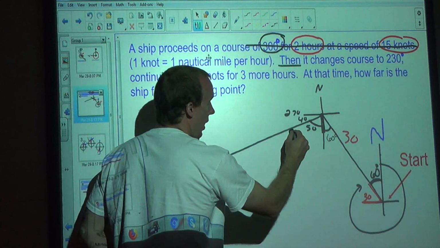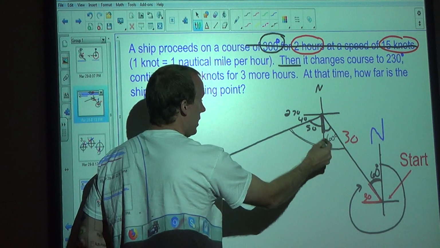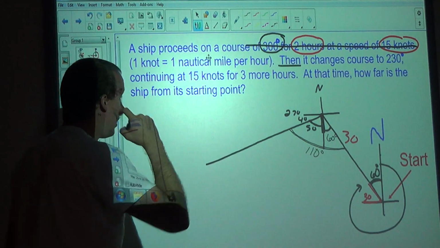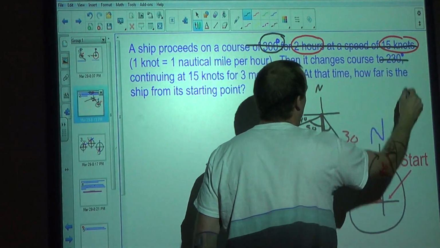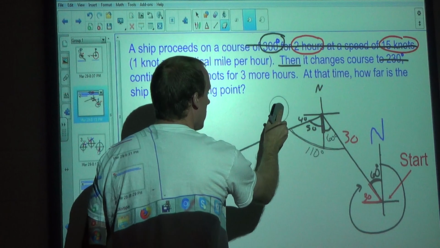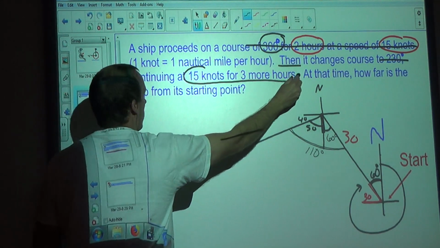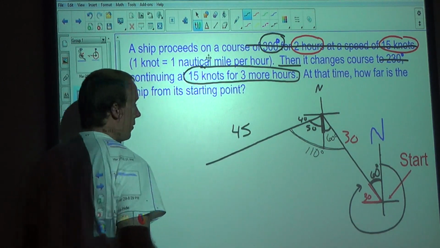Now I know that this whole angle would add up to 110 degrees. Let's keep going here. It changes direction to 230, which I've calculated. It continues at 15 knots for 3 more hours. So 15 times 3, that would be 45.